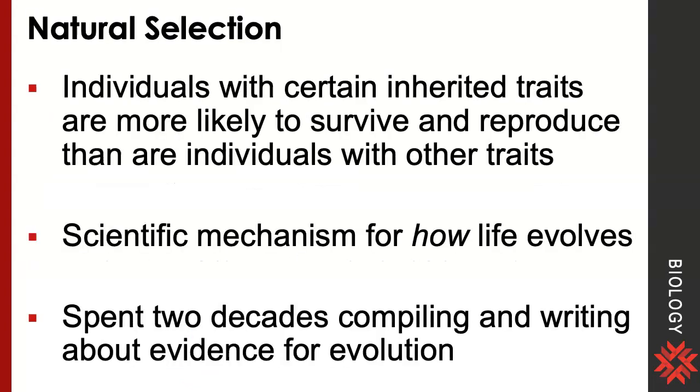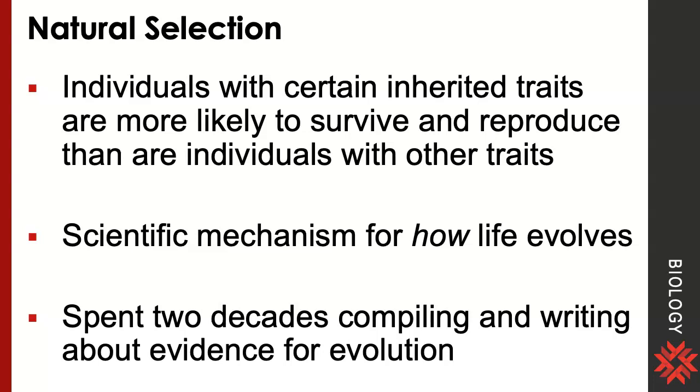So he came up with this idea called natural selection. What's that actually saying? Natural selection is saying individuals with certain inherited traits are more likely to survive and reproduce than are individuals with other traits.